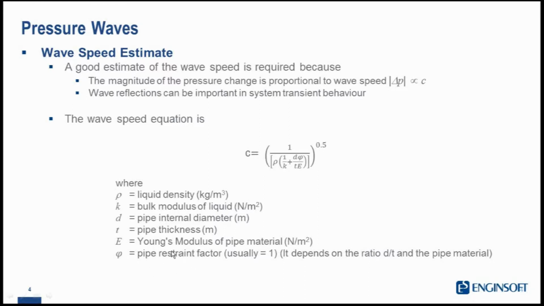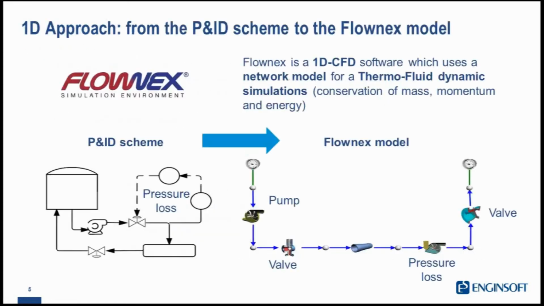So basically, you have to take into account the information about the material of the pipe. If you have a more rigid or flexible pipe, you have different behavior of the wave in the calculation of the celerity, and consequently in the calculation of the overpressure that comes from the water hammer effect.